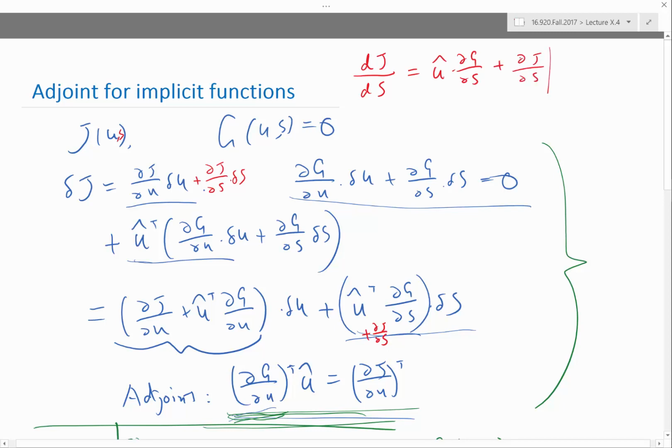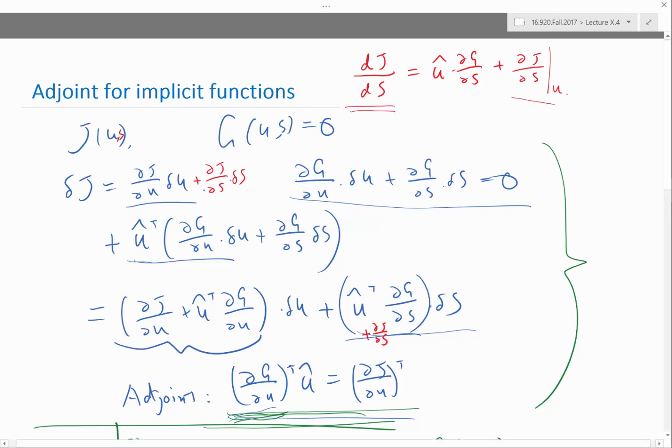So this partial G partial S is the partial derivative for a fixed u. If you fix the solution u and just look at the explicit derivative of J with respect to S, this is what this is.